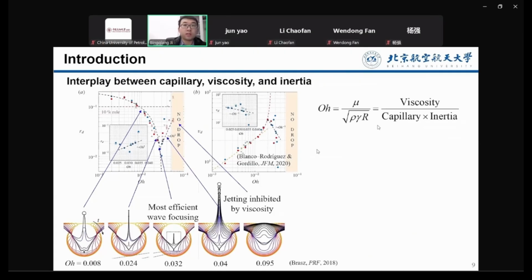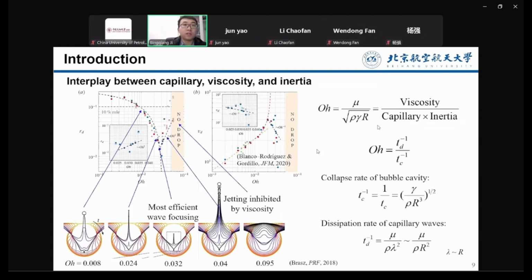This jet we call a singular jet. Further increasing the Ohnesorge number inhibits the evolution of the jet and makes the jet larger and slower until it finally kills the jet.